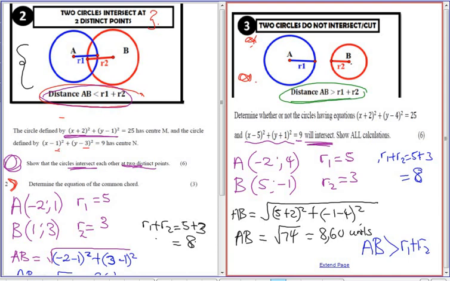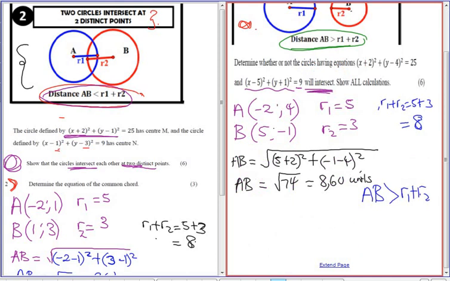If AB is greater than R1 plus R2, we know that the circles do not even touch. They don't touch, they don't intersect. So circles do not touch, neither do they intersect.